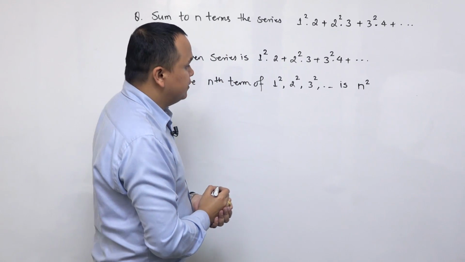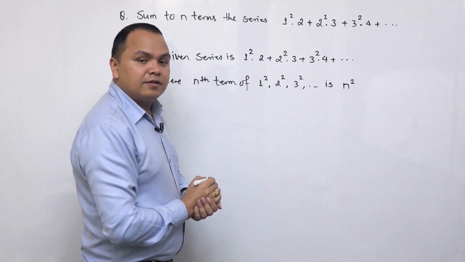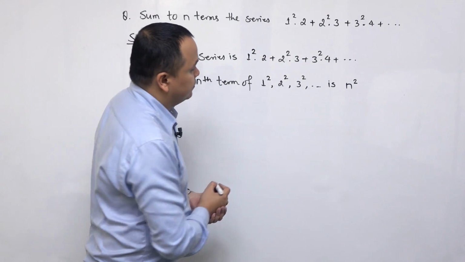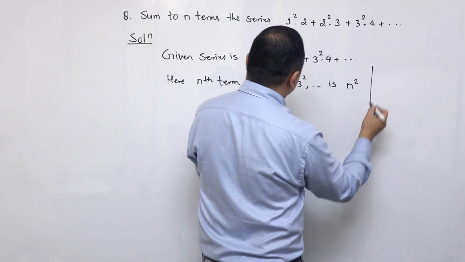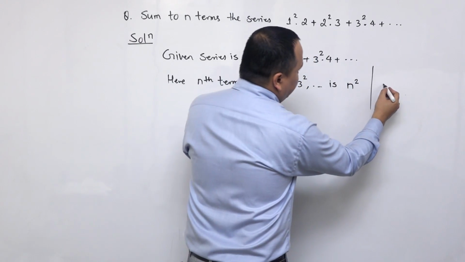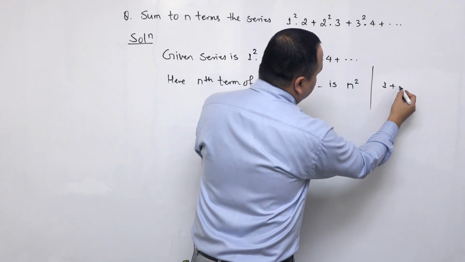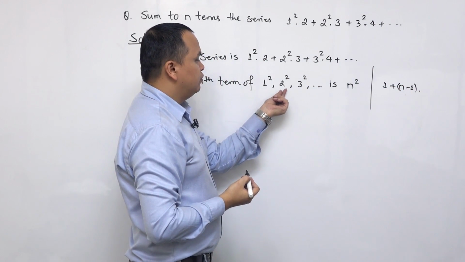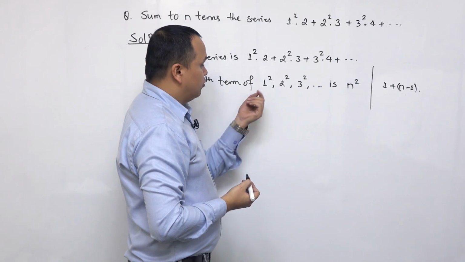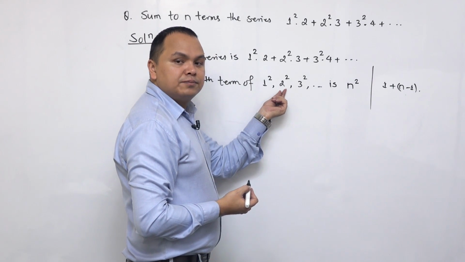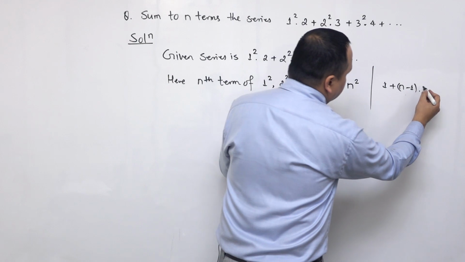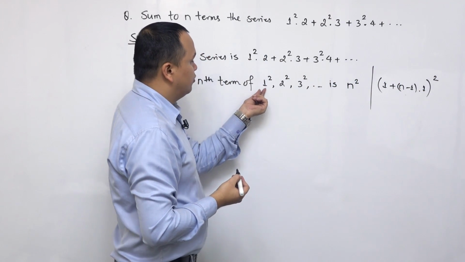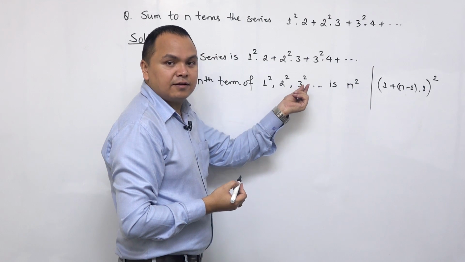In alternative way, a plus n minus 1 times d whole square, like a is 1 plus n minus 1 times d, the 2 minus 1 is 1, 3 minus 2 is 1, whole square, because 1 square, 2 square, 3 square.